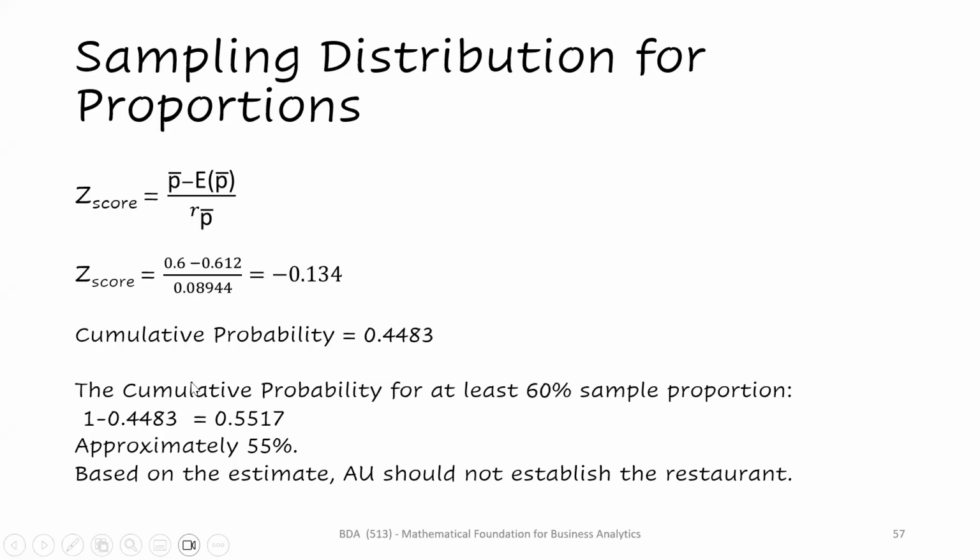Since we want at least 60, we deduct the 0.4483 from 1. That should give us the result for at least 60.